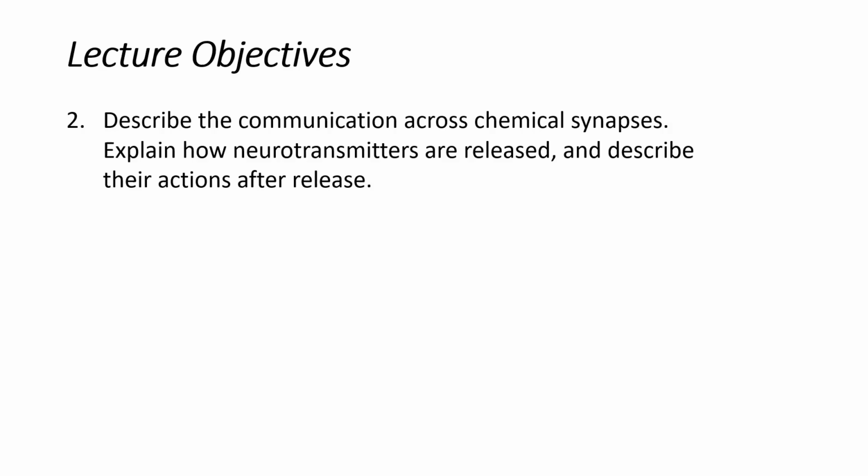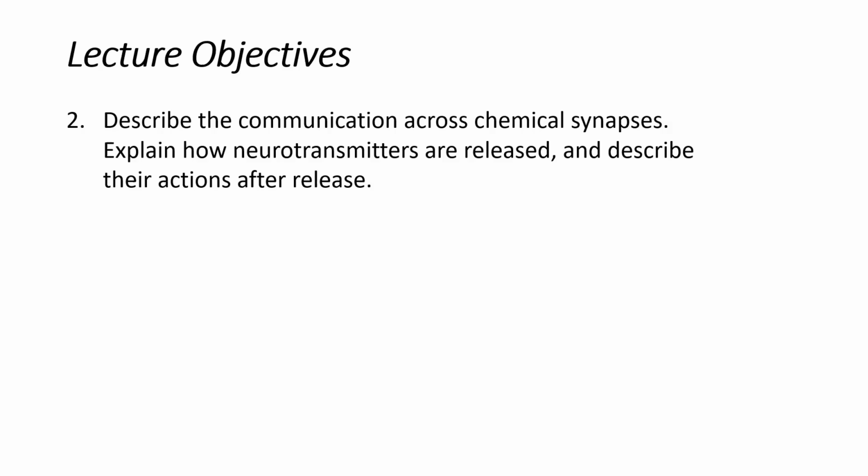Simply by way of all of the machinery that's required to make these neurotransmitters, which are the chemicals that we're referring to here, release them from the axon terminal, send them across the junction, bind to that postsynaptic neuron, and then convert that into a graded potential and then a new action potential.